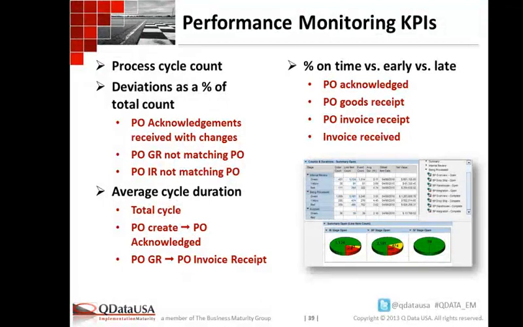Then we can look at cycle duration. So what is my total cycle time? What is the average time between PO create and PO acknowledge for a particular supplier? What is the time between my goods receipt and my invoice receipt for a particular supplier? We can look at, based on specific events, so we can say for goods receipt, what is my percentage on time versus early versus late?